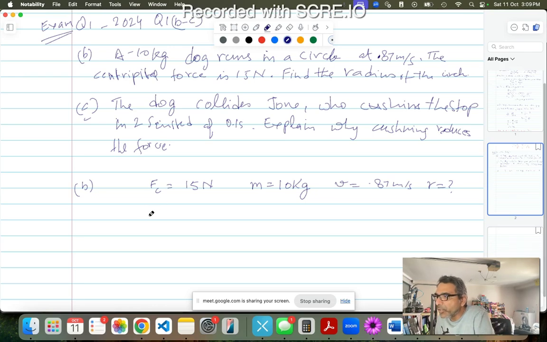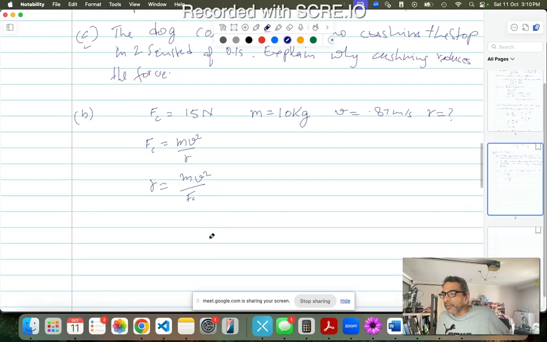So it's simple. We know what centripetal force is. Fc is equal to mv square over r. Now we have to change the subject and look for the r. So that means r equals mv square over Fc. Got it? Any confusion?